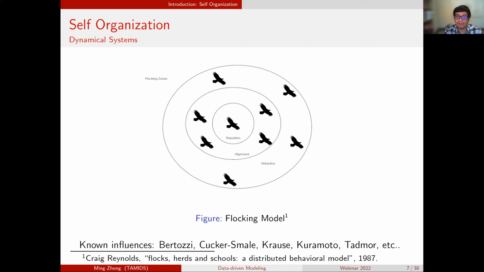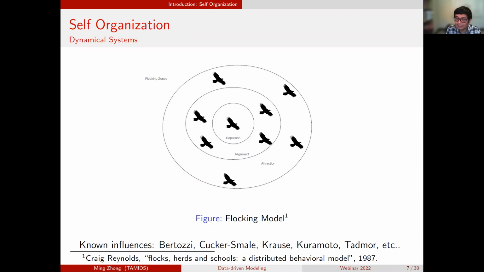So I want to give you an example of how to model flocking of birds. The famous flocking model is in this 1987 paper, when Craig Reynolds first introduced this flocking model and proposed this idea of three different flocking zones. It's actually really, really natural.